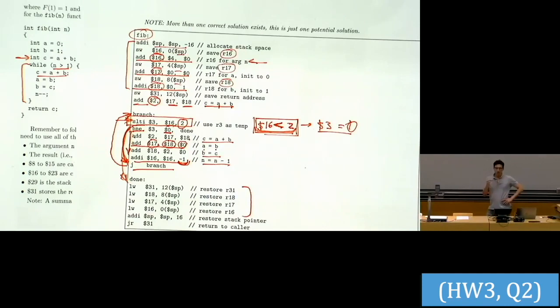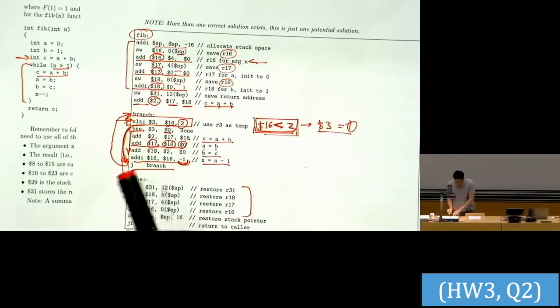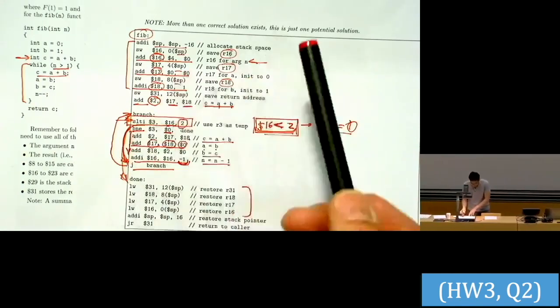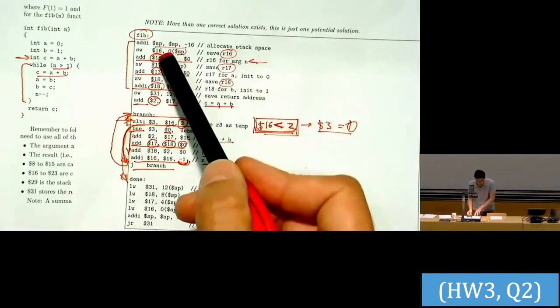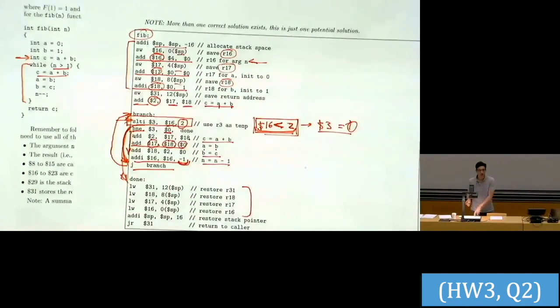Your question is related to his question. In some particular situation you might be able to do that, but the thing is that you are going to write this function just once. You know that in this function there are 3 registers that are used, 16, 17, and 18, and you're going to operate using them.